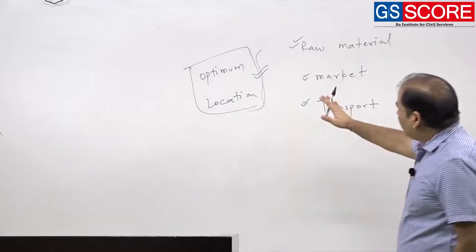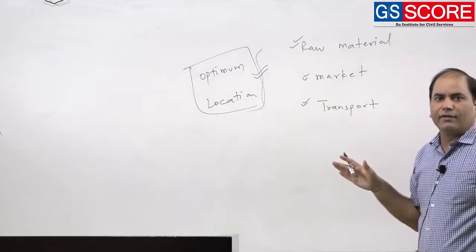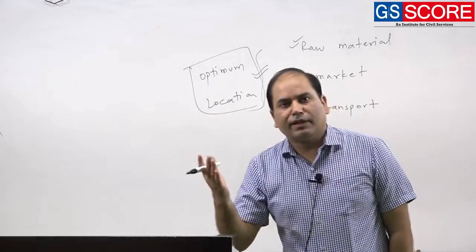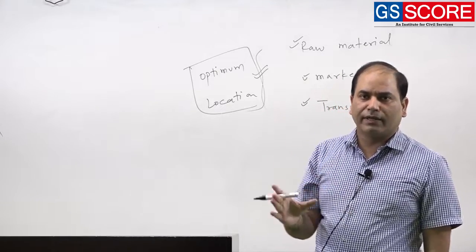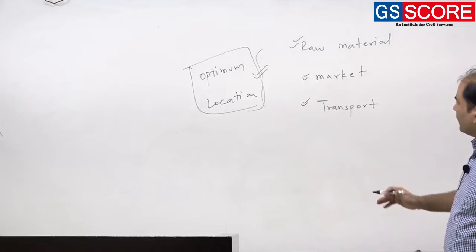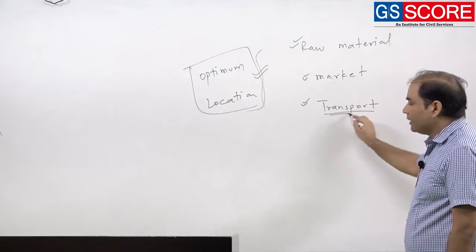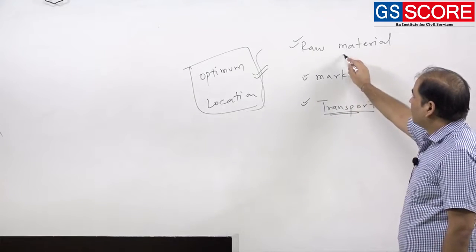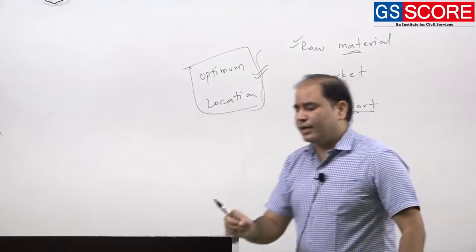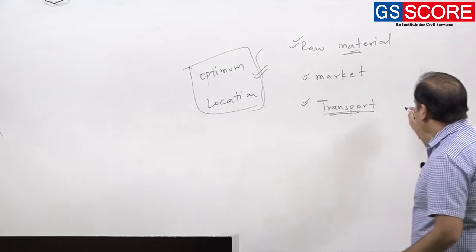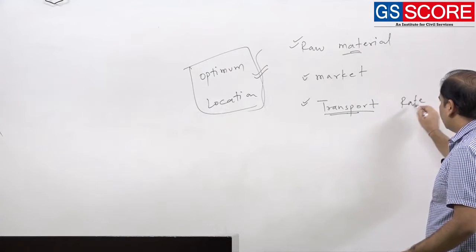According to Alfred Weber's industrial location theory, almost every aspect in his theory was fixed. The only variable aspect initially was related to transport and raw material. In fact, for transport also, he considered that the transport rate will be fixed.